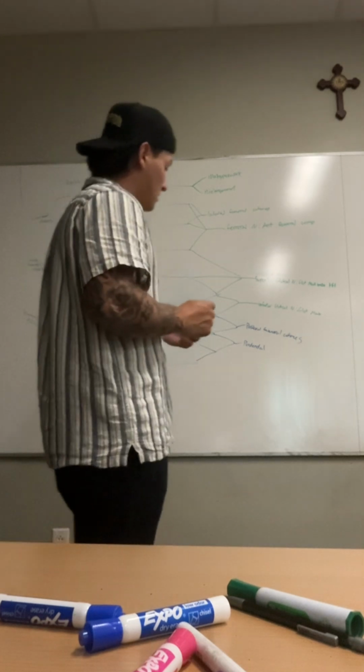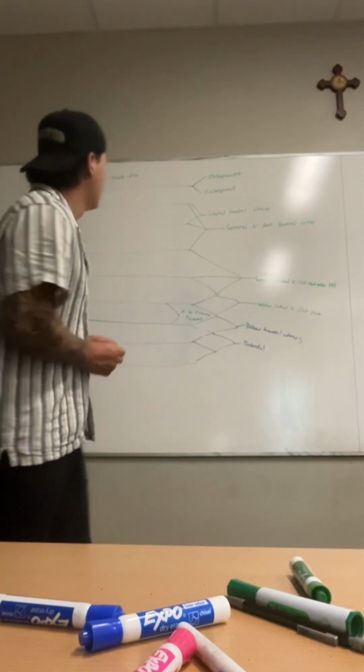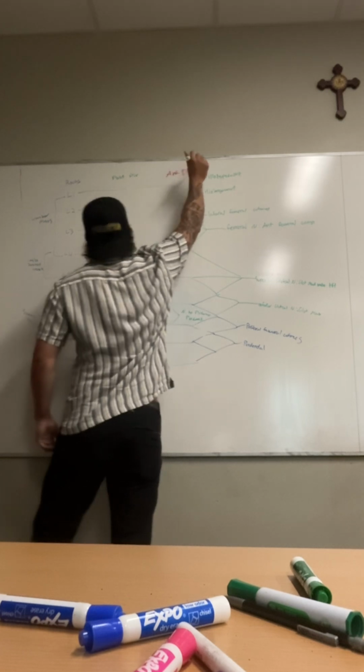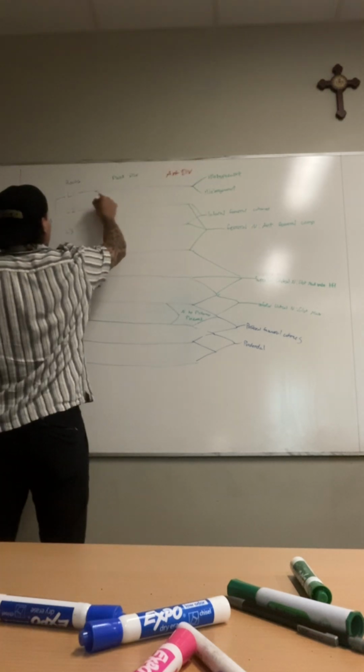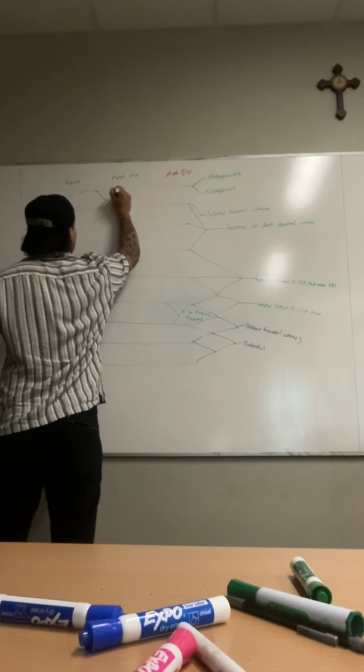And now moving on to anterior division. This will be red. L1 and L2 come together for your genitofemoral nerve.